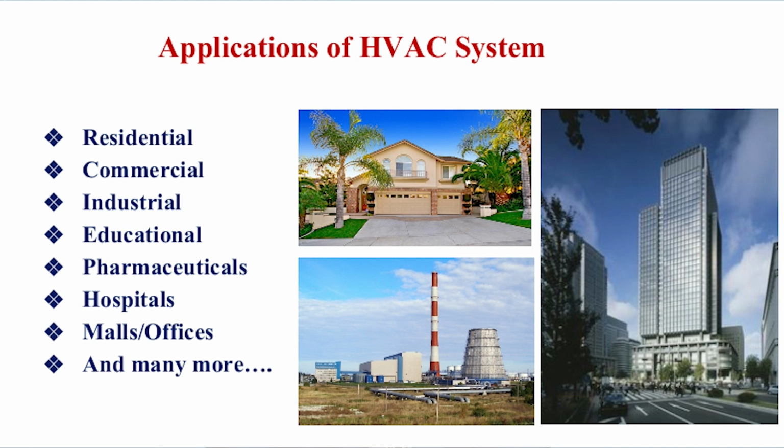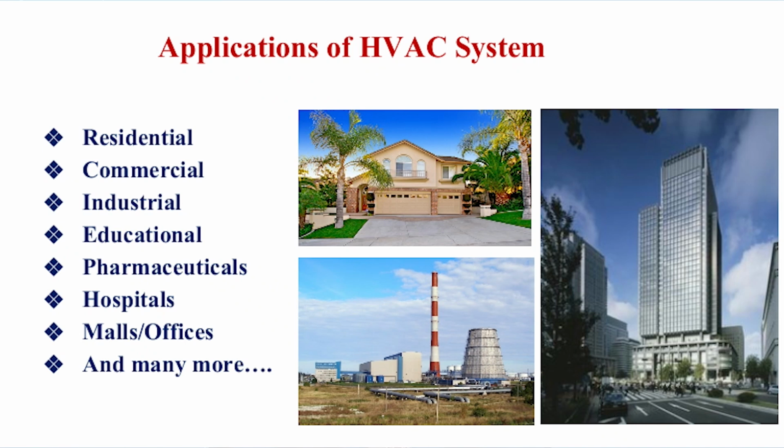HVAC systems provide a comfortable learning environment for students and teachers in schools and universities. Proper ventilation helps to improve air quality and concentration. The last point is pharmaceuticals. HVAC systems are also vital in the pharmaceutical industry to maintain strict temperature and humidity control for storing and manufacturing of drugs. This helps to ensure the potency and sterility of medication.